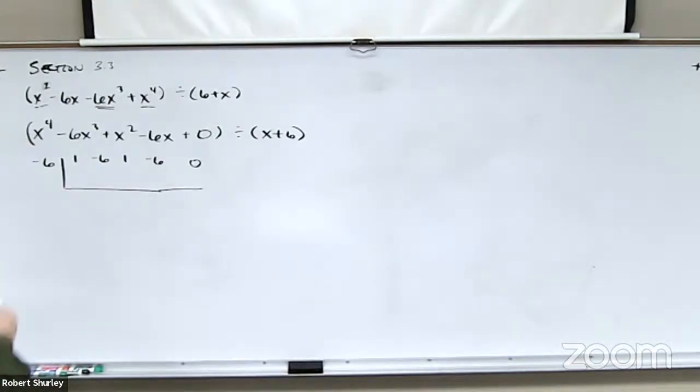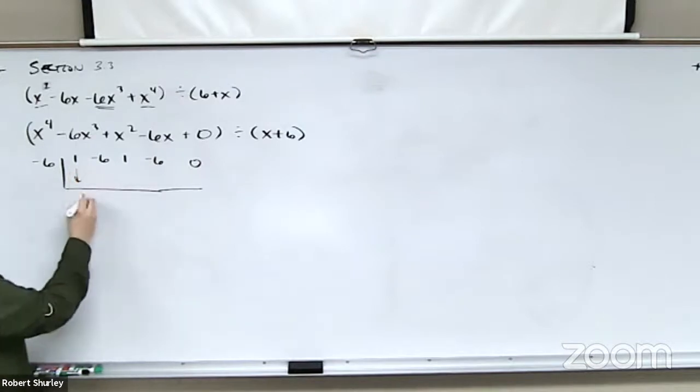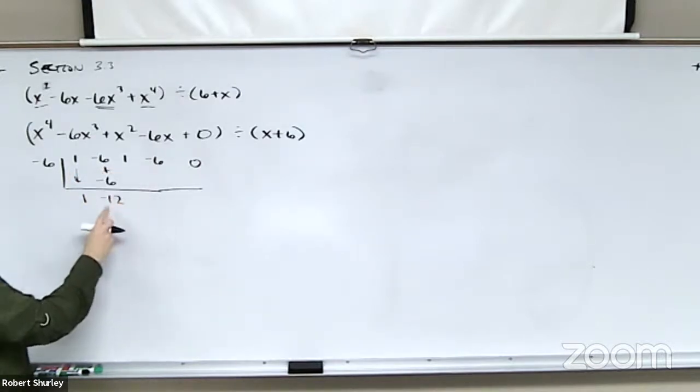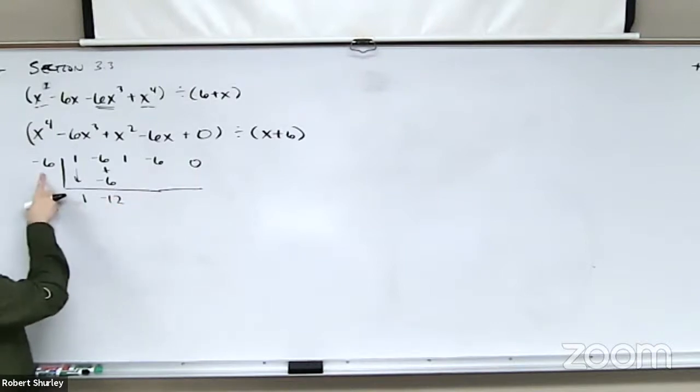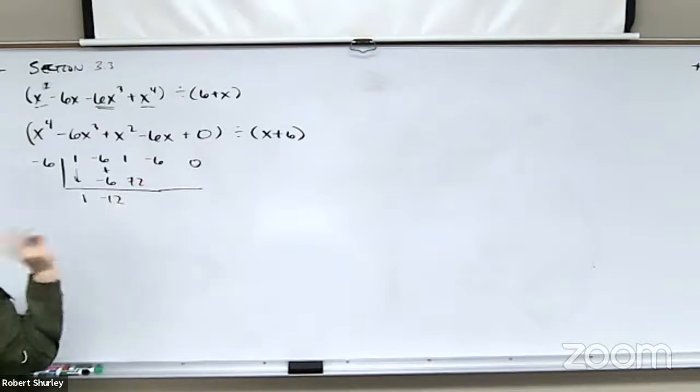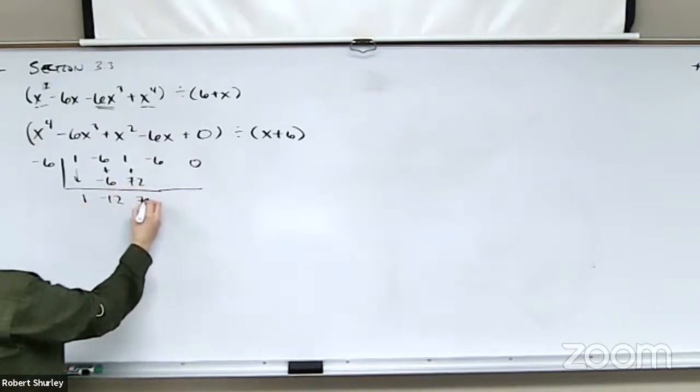I'm going to keep working through in order. This would be 1, -6, add, we get -12. -12 times 6 is, we did that one earlier, 72 positive. Don't want to get that wrong again. Add that, we get 73.